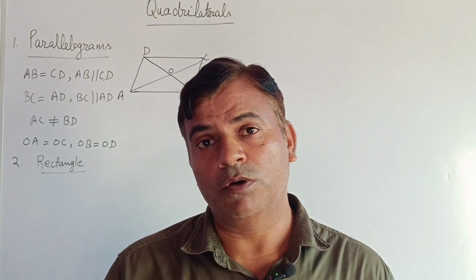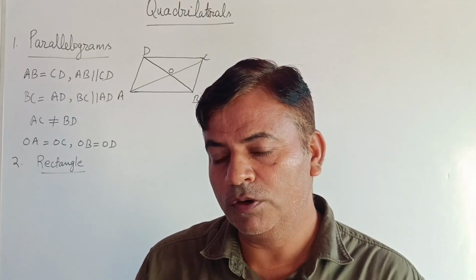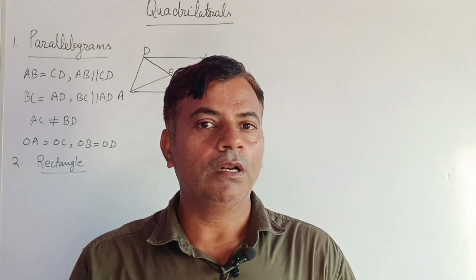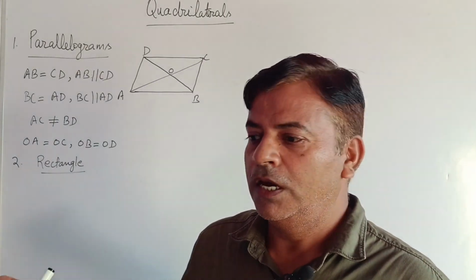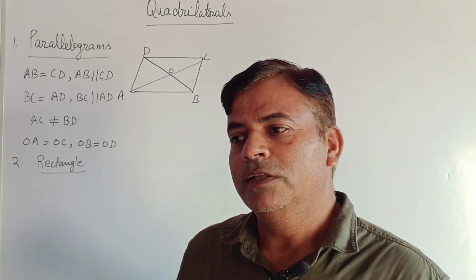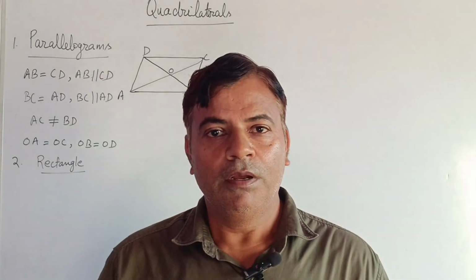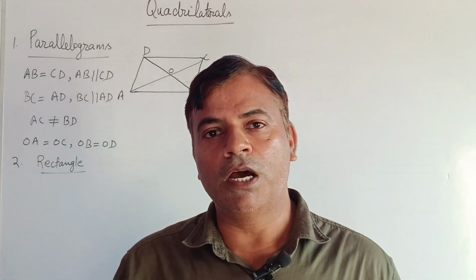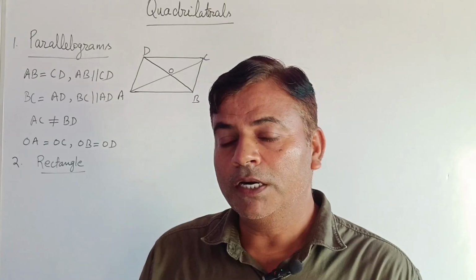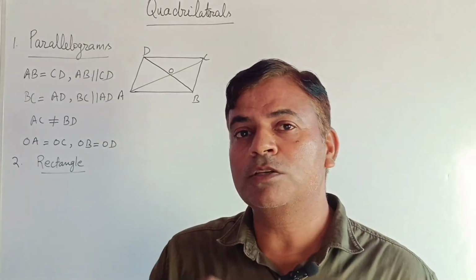In a parallelogram the opposite sides are equal and parallel to each other, and in a rectangle the opposite sides are also equal and parallel. These two conditions are the same, but in a parallelogram the diagonals are not equal, while in a rectangle the diagonals are equal.